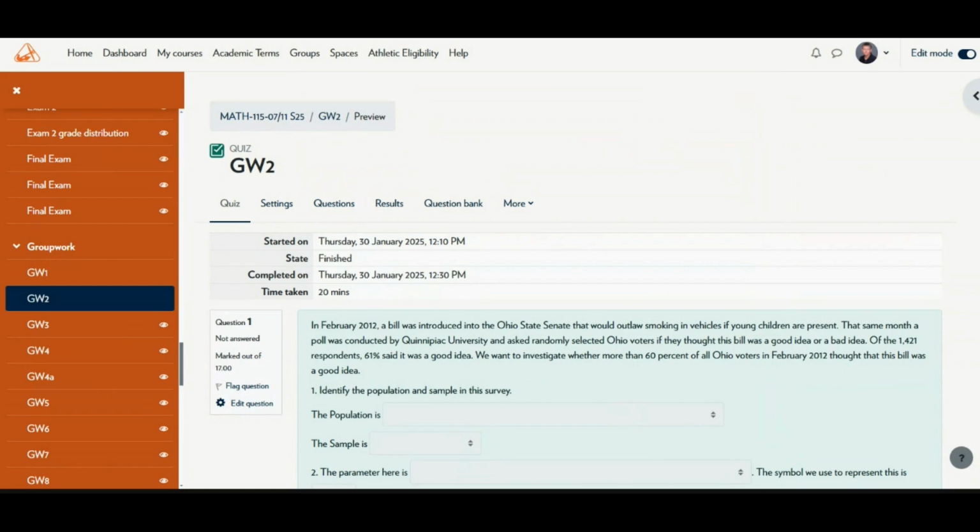Yes, your question? Would you be able to put all the finished slides on Moodle? Oh, okay. Now let me explain. The reason why I don't do that is because I feel that if I always put all the finished slides on Moodle, it will result, I think, in most people not copying stuff down.